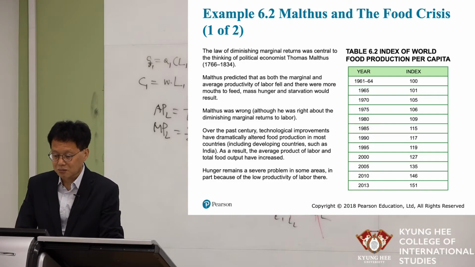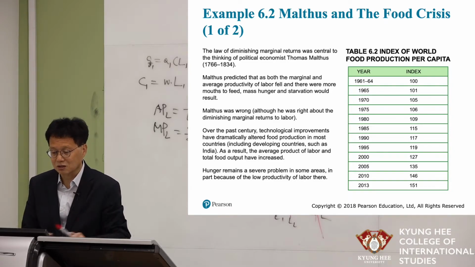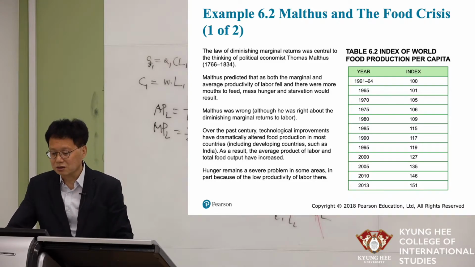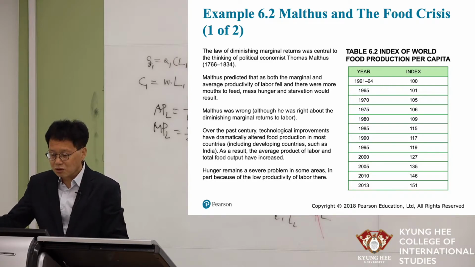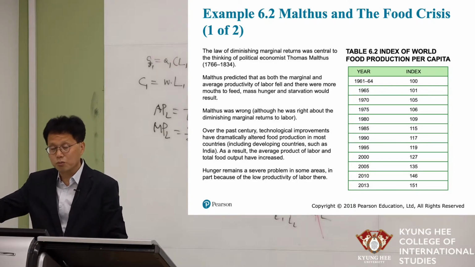Malthus predicted that as both the marginal and average product of labor fell, and there were more mouths to feed, mass hunger and starvation would result. So a really gloomy projection of capitalist development. What is his idea? You hire more labor, then you can produce more food.